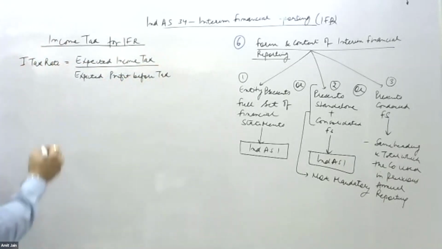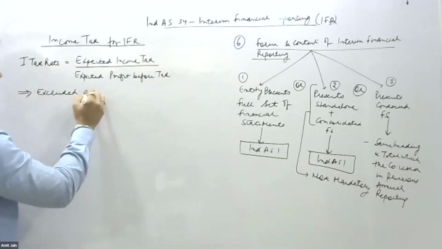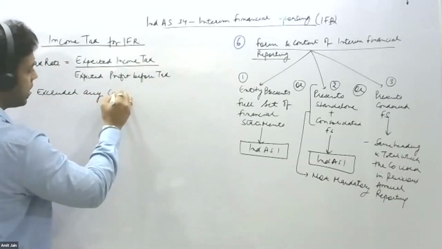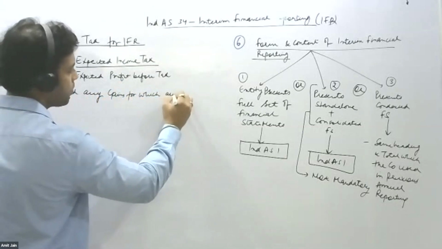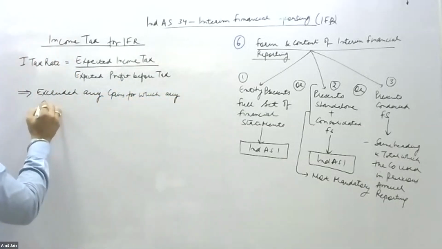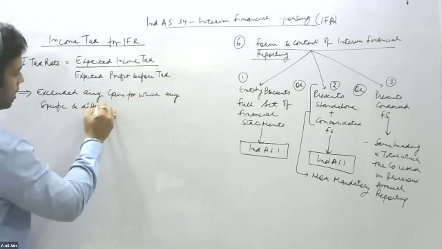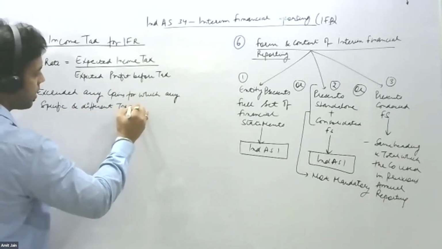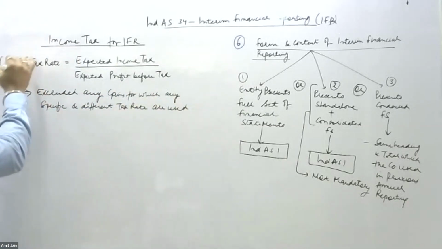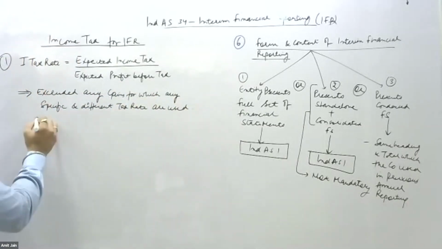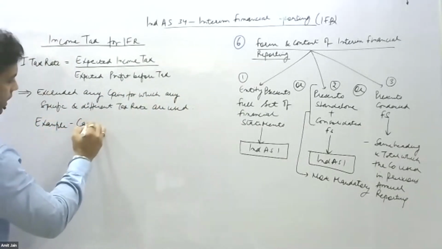And this will exclude any gains for which specific and different tax rates are used, for example, capital gain.